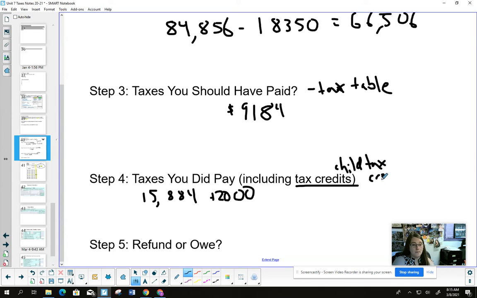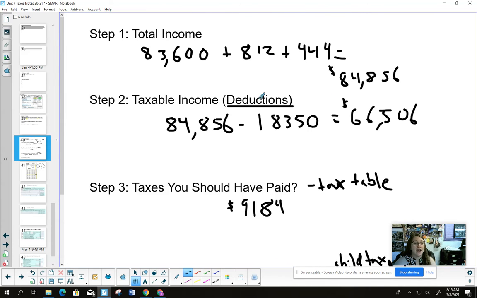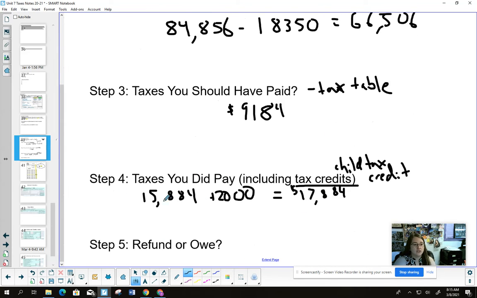She's going to get a massive refund here. A lot, yeah? So let's go ahead and add these together. This is technically how much she did pay because she also, again, is getting that tax credit for her kid. So tax deductions, again, are for taxable income. Tax credits are directly counted towards what you did pay.